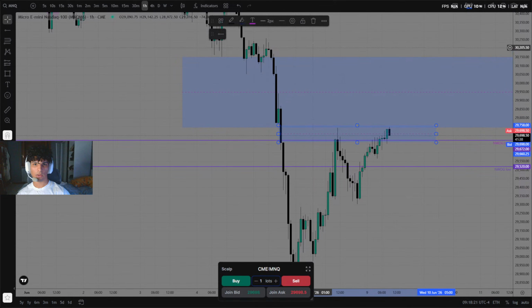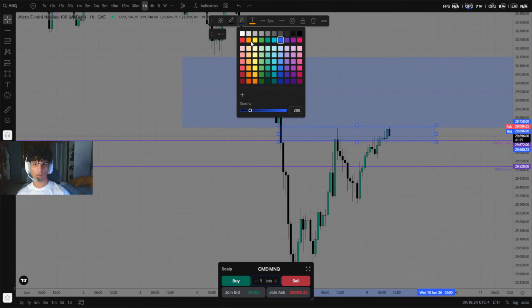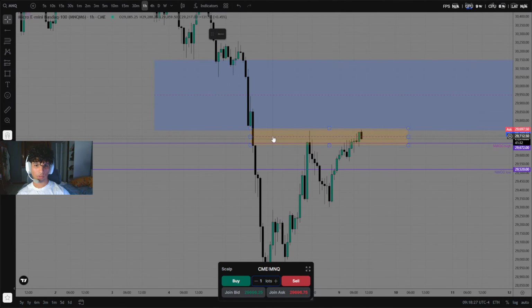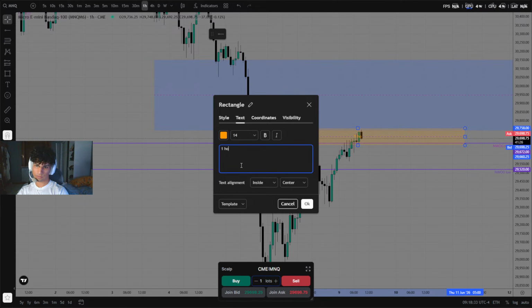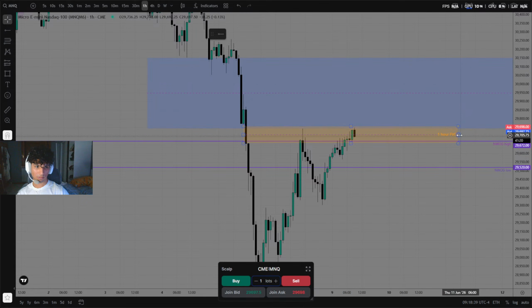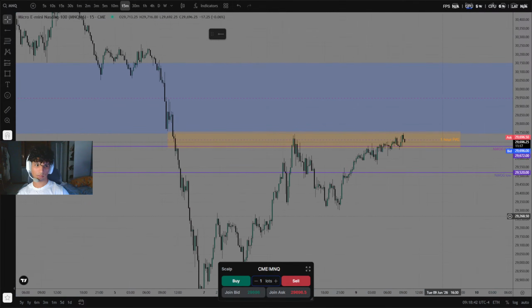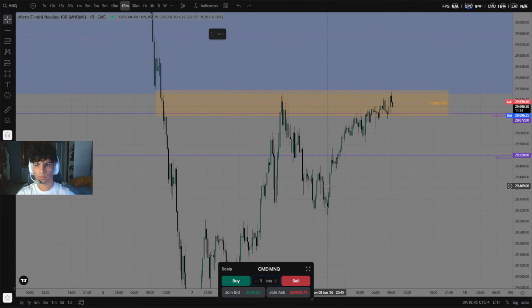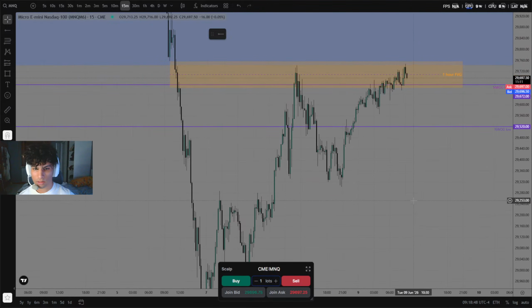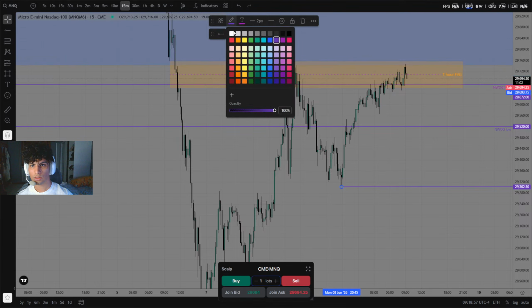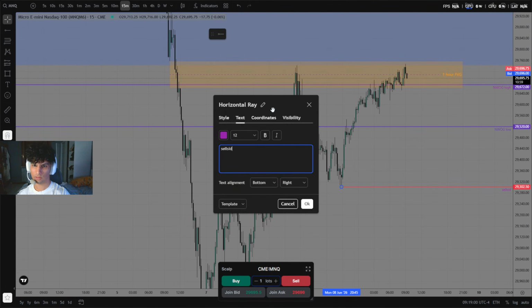We have this 1 hour fair value gap with this order block right here. Price left this sell side after taking this liquidity. So we have this sell side liquidity of the Asian low.